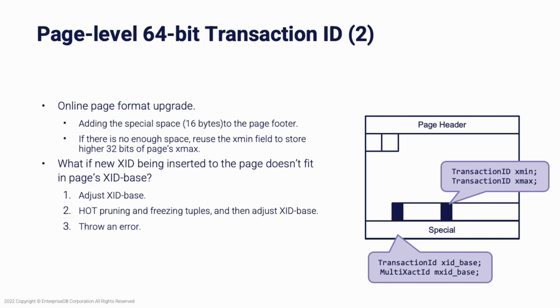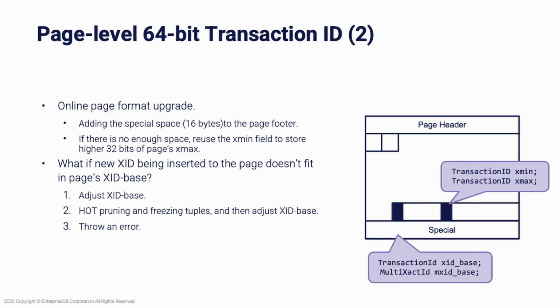If there is no space for that, it reuses the xmin field in the tuple header to store the higher 32 bits of xmax. As I explained, the transaction IDs in the tuple header are offsets from the XID base.